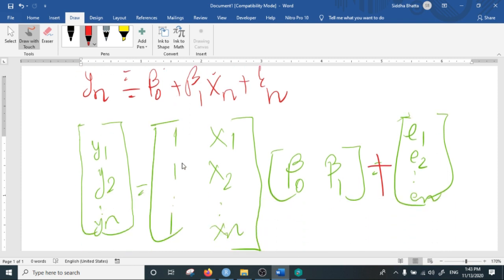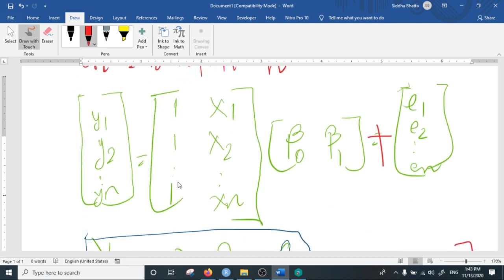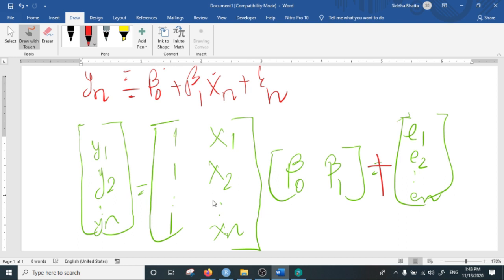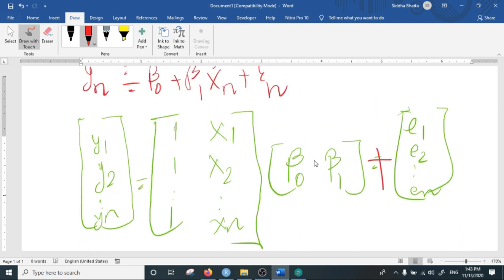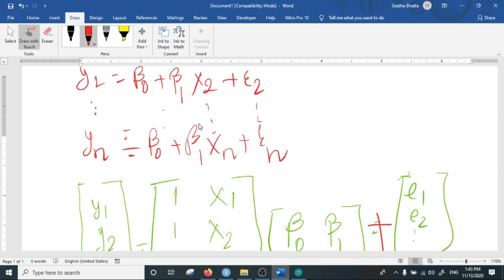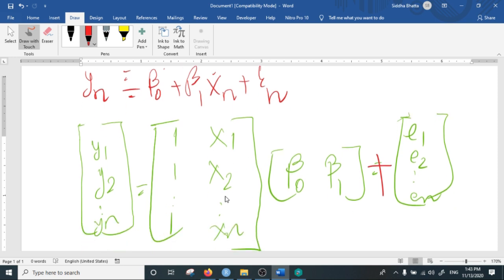Simply, the first column is 1 1 1, and the second column is our independent variable with its observations, and then the beta vector. If we multiply this matrix and this vector, we will get the same result. In this way, we can divide this expression into a product of a matrix of the independent variable and ones, and the vector of our parameters.